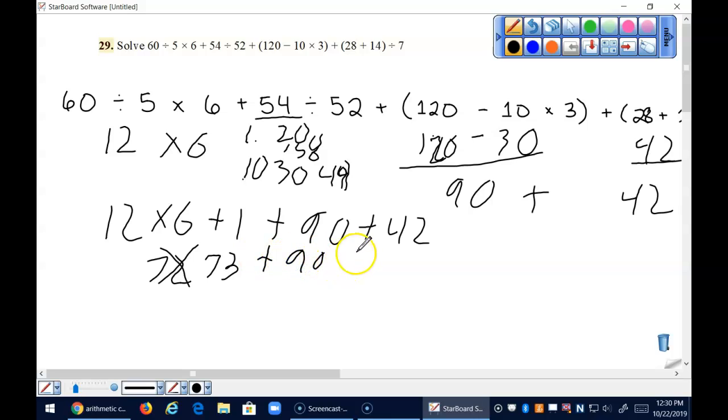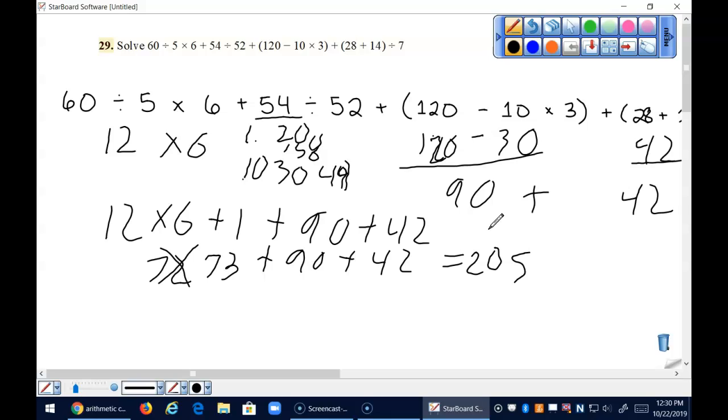So plus 42 equals 5, 11. Yeah, that was pretty horrible handwriting. But I think that's how we break it up into sections, in terms, and then in order.